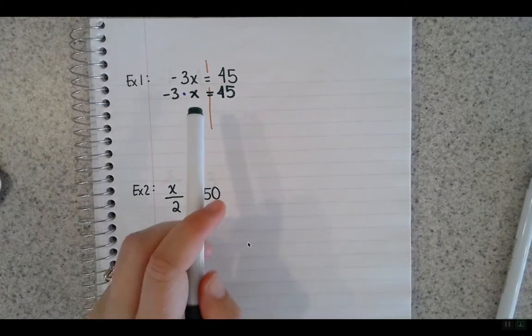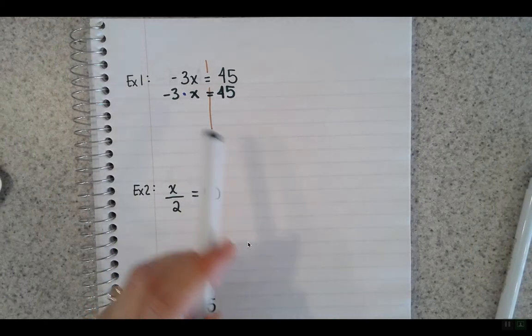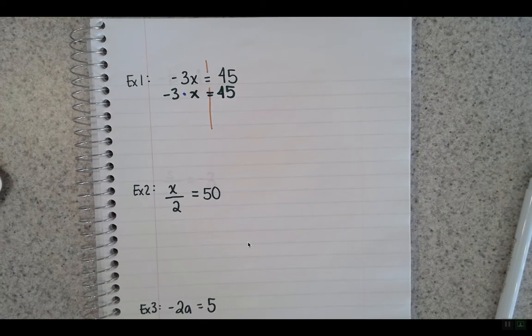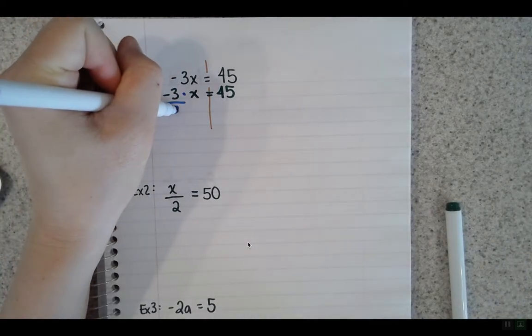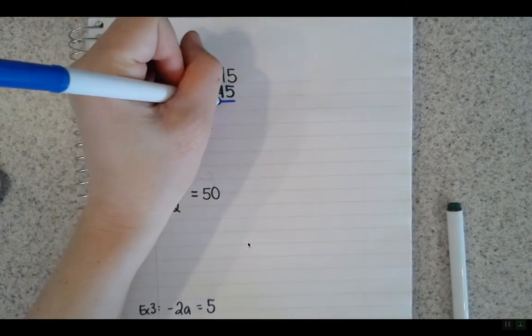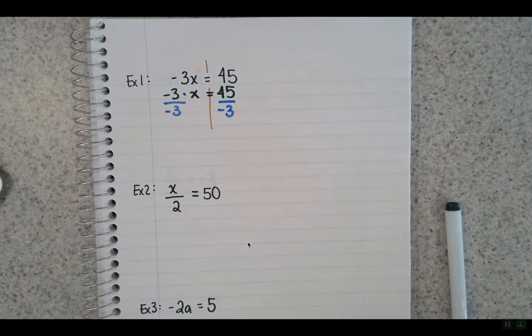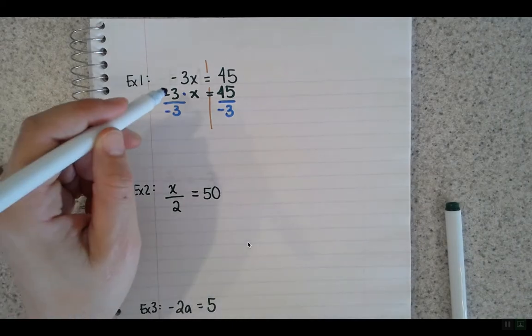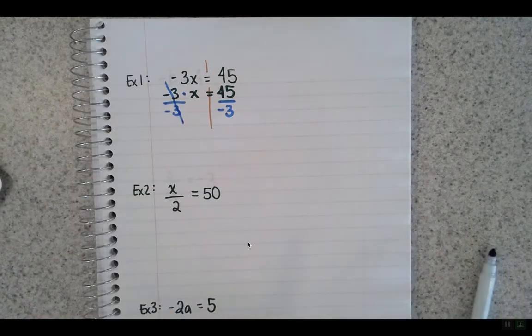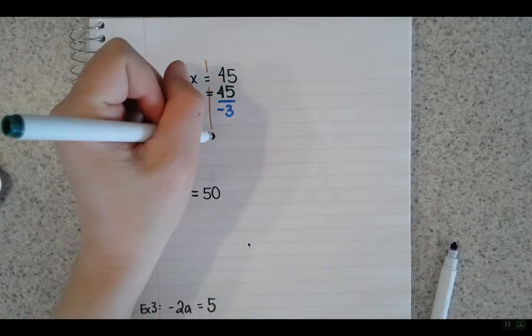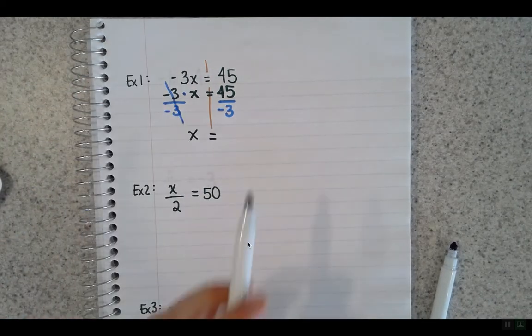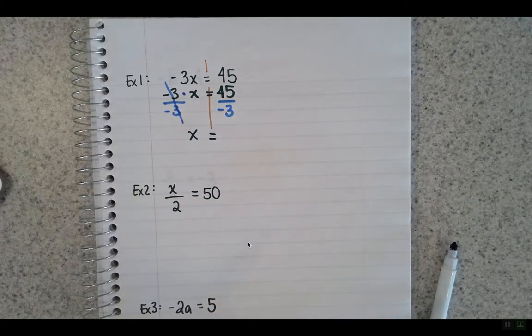So to get rid of this -3 up front, I need to do the inverse of multiplying, or reverse multiplication, with division. So I'm going to divide by -3 on the left, also divide by -3 on the right. A -3 divided by a -3, those cancel each other out, and I'm left with x all alone on the left side of my wall equals, how many times does -3 go into 45?